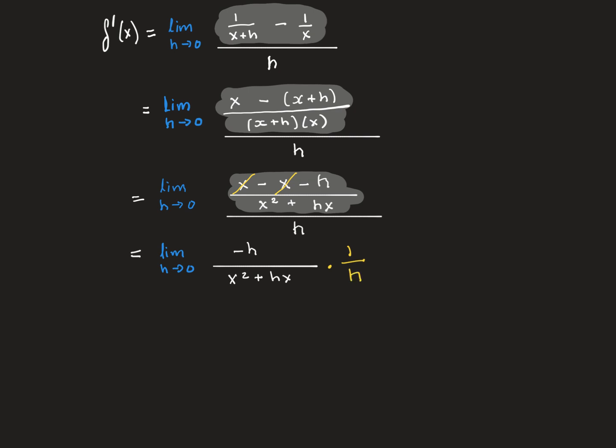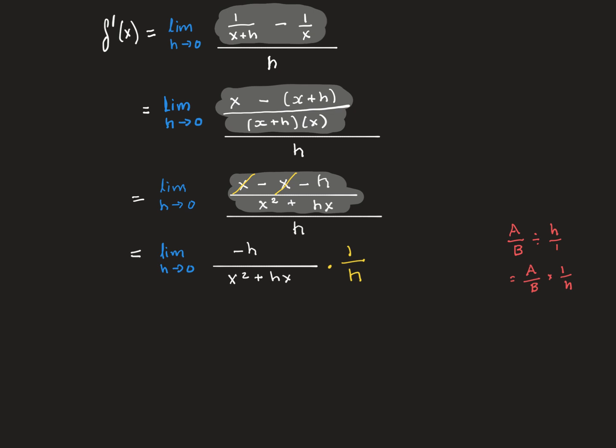On the sidelines, if I have an A divided by a B and I divide by h over 1, then that is the same thing as saying A over B multiplied by 1 over h, where A over B is our working out that we did in the numerator.